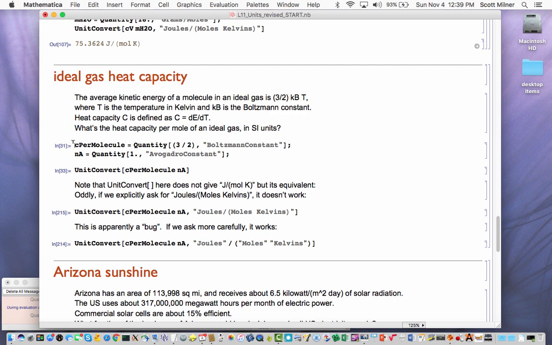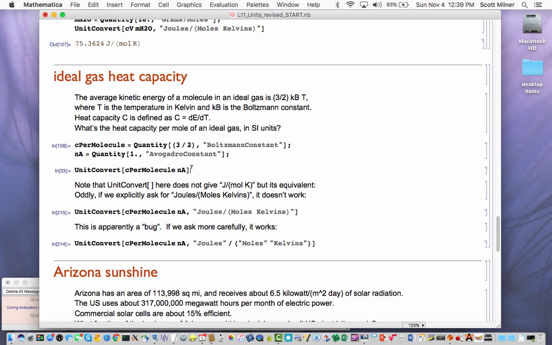So I start with the heat capacity per molecule, that is, the temperature derivative of its energy, 3/2 kBT, which is 3/2 times the Boltzmann constant, kB. And so here is the heat capacity per molecule, 3/2 times the Boltzmann constant, or in units of the Boltzmann constant. And then I define my Na to be 1 times the Avogadro constant, because I want to convert from number to moles.